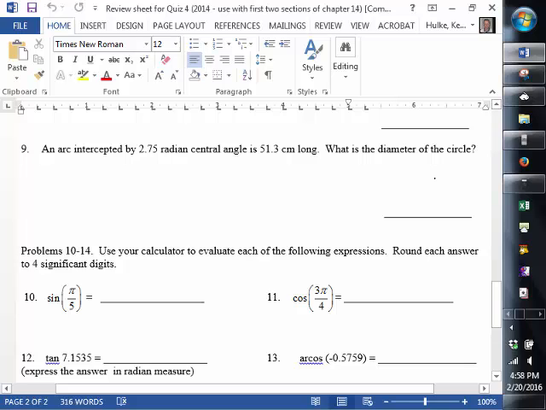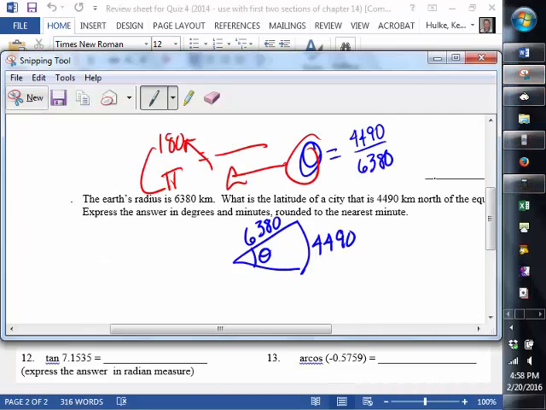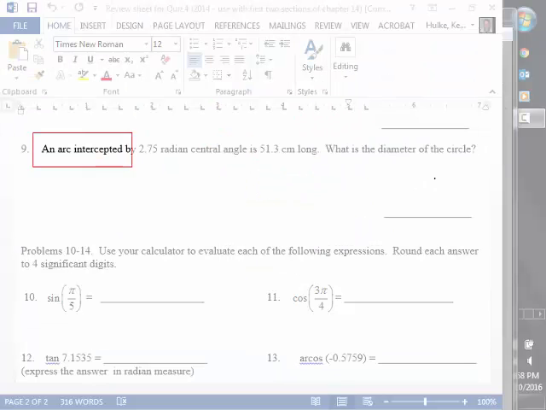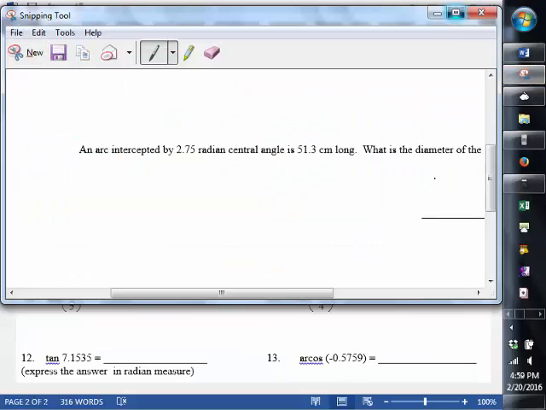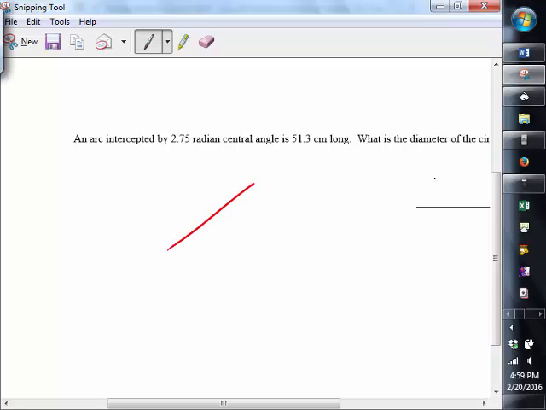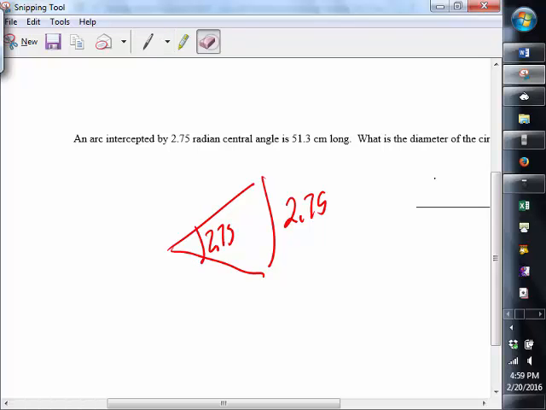An arc intercepted by a 2.75 radians central angle is 51.3 centimeters long. What is the diameter of the circle? So in this case, this is 2.75 radians.